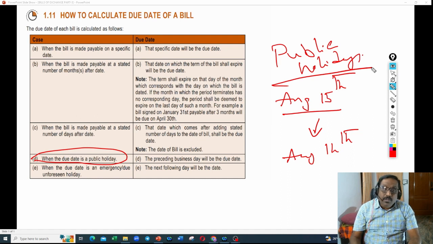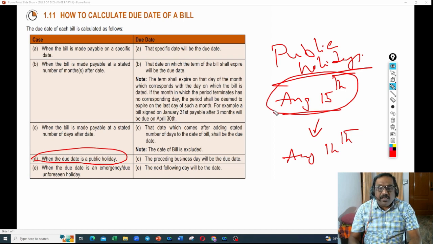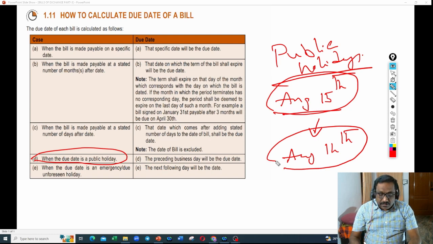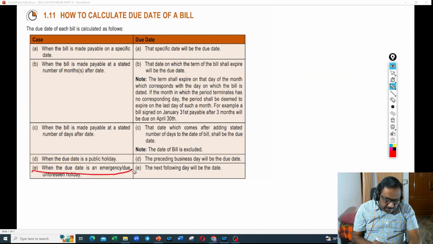So if the due date is falling on August 15th, which is a public holiday, your due date will be August 14th, not August 15th. Clear?